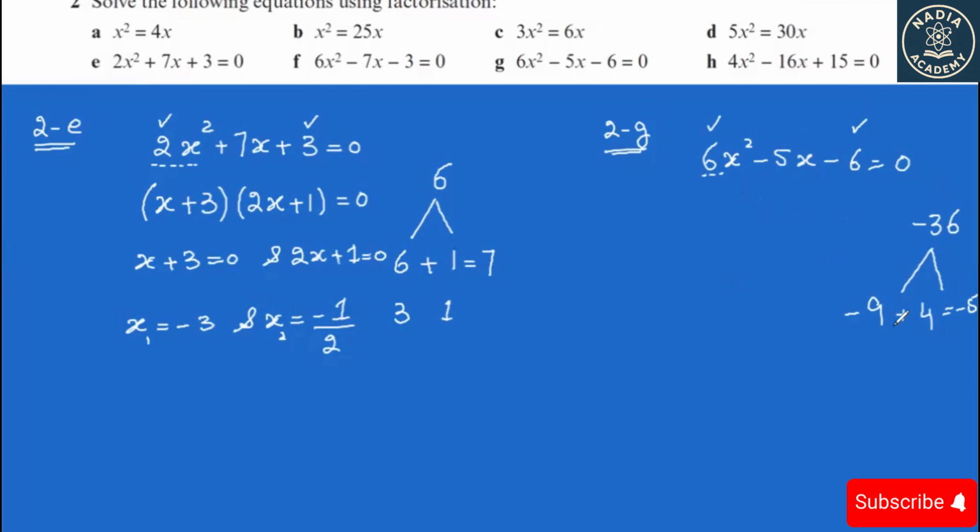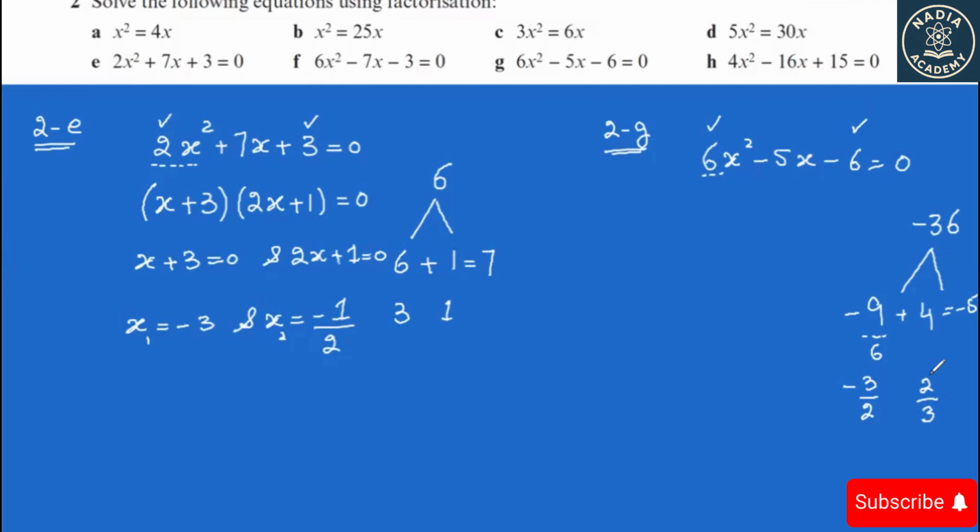When we divide 9 by the 6, for example, if we are dividing 9 by 6, the answer is negative 3 over 2. And in case of the 4, it will be 2 over 3.